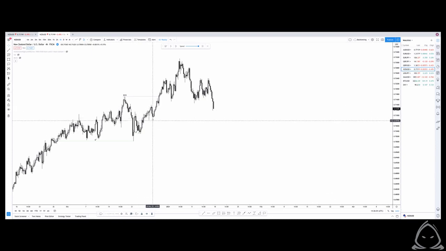So then what happens is we break structure with some aggression to the upside. So now you have this area here that you could have marked out, which would have worked out for you if you'd taken a trade off it. You know, as you pull back here, you could have longed this up to the top. This was obviously before we actually got to that daily, so that would have been a solid trade.